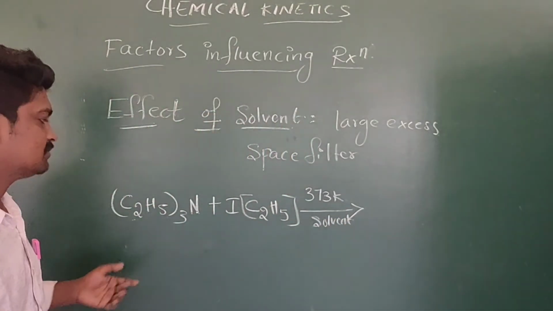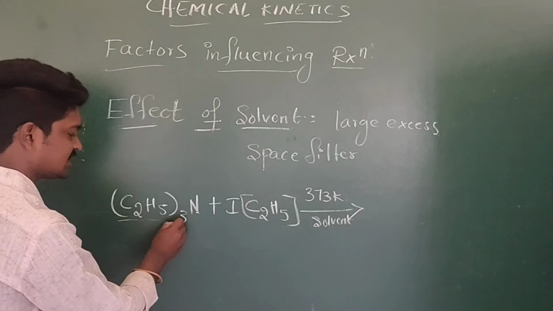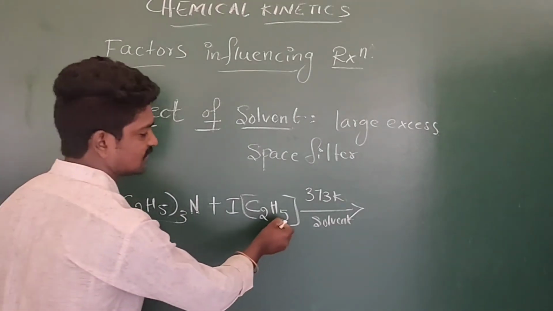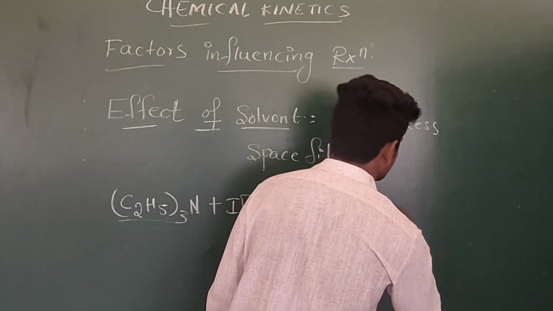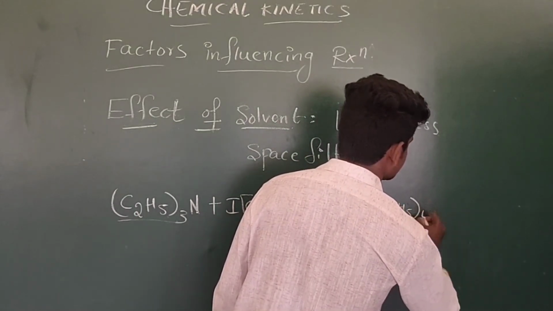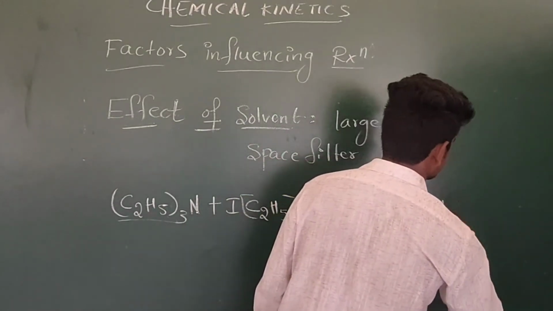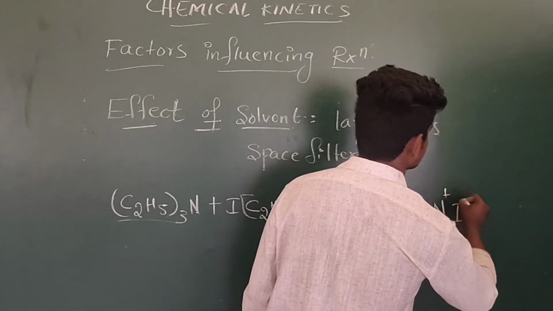What will it give? So 3, 1, so total tetra. C2H5 4 iodide.